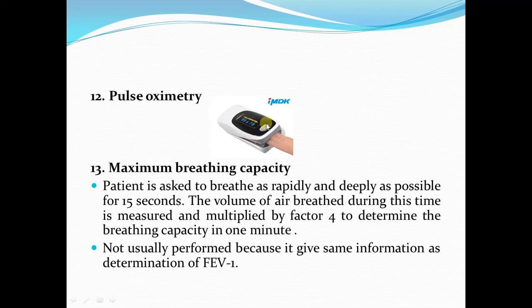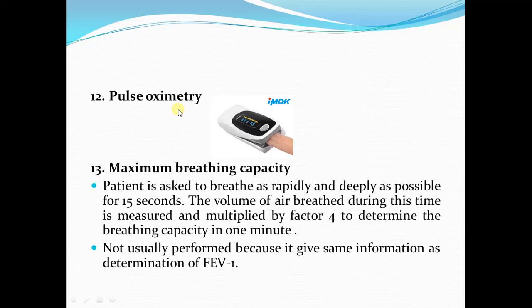On this device you can see there are two values being shown. One is the percentage saturation of oxygen in the blood. Here, as you can see, 99%, this is the saturation of blood with oxygen. And the second thing displayed is the pulse rate or the heart rate.